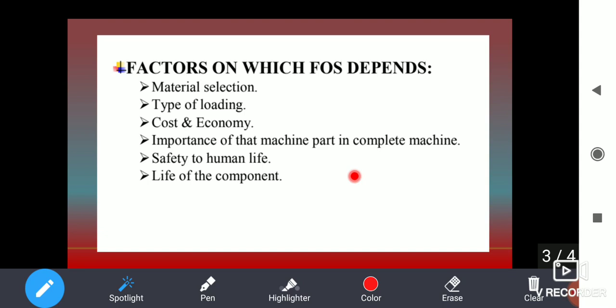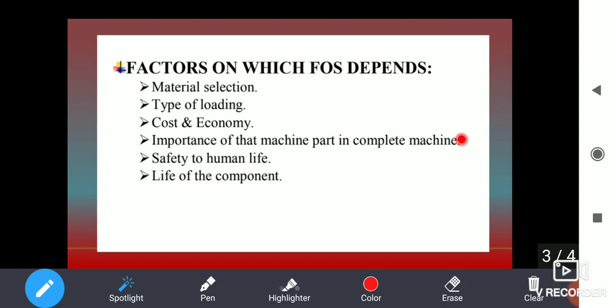Hence, we have to analyze the importance of the particular machine part, for example in a piston cylinder arrangement. In case of piston cylinder arrangement, piston and cylinder are considered to be very important. So we can say that a huge number of factors have to be considered while designing a piston cylinder.